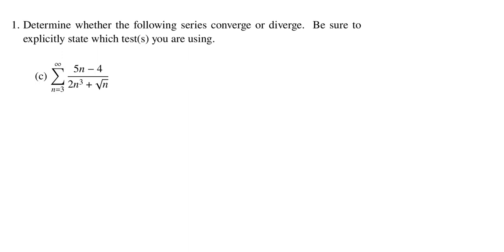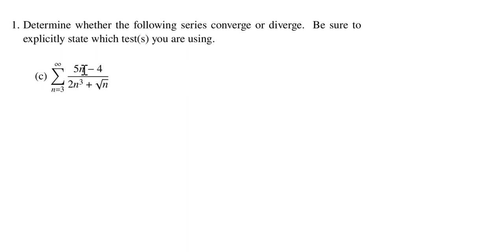Hello everybody, this is our video for problem 1C from quiz 8, and we have another series. We're going to detect whether it converges or diverges, and in this case I think a pretty reasonable approach is to look at the underlying sequence, note that you almost have a rational function of n. Yeah, there's a square root, but that doesn't really bother me a whole lot.